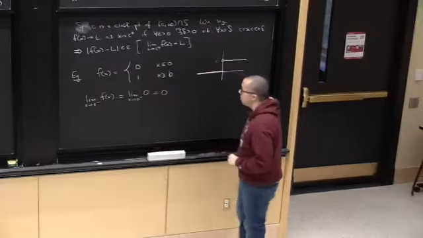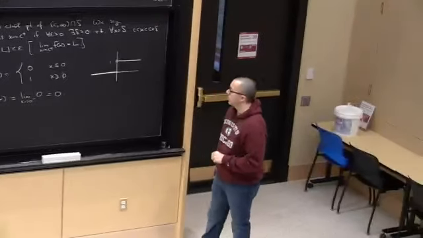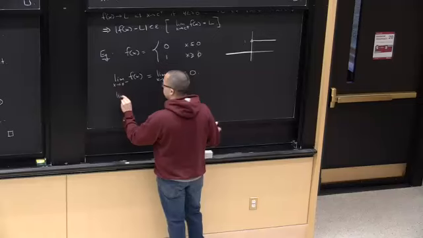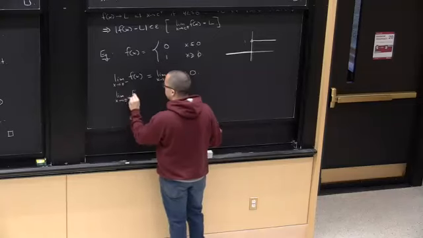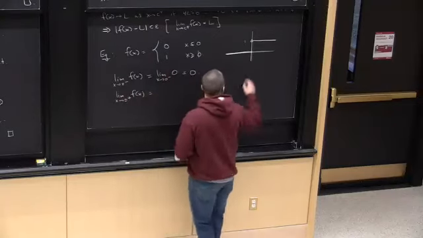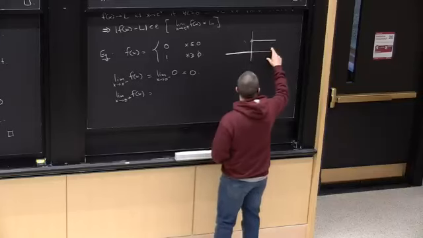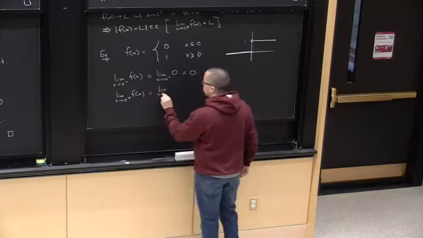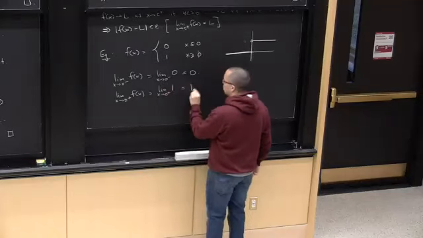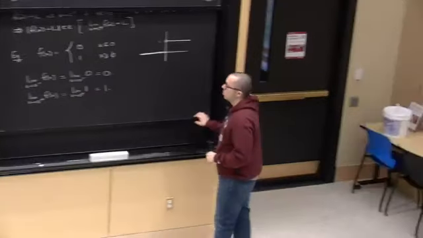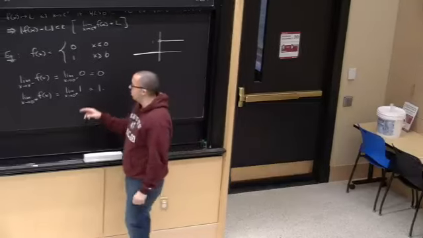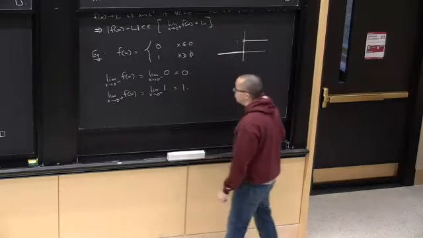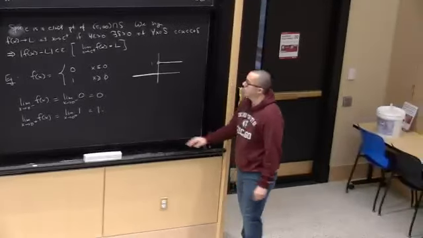And if I look at this function from the right, to the right of 0, then f of x is just 1, identically. Although I haven't shown that one-sided limits of constants equal the constant, I think that should be something you can easily believe or write out yourself.